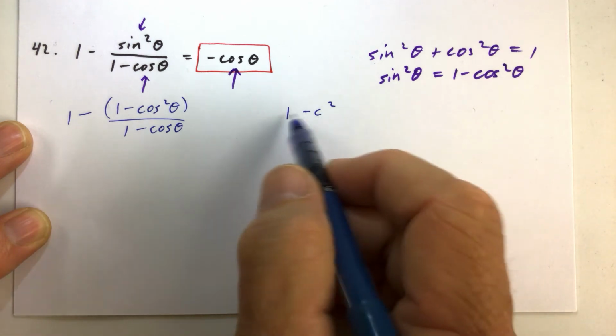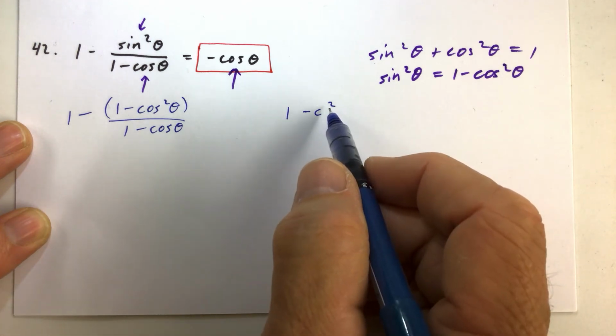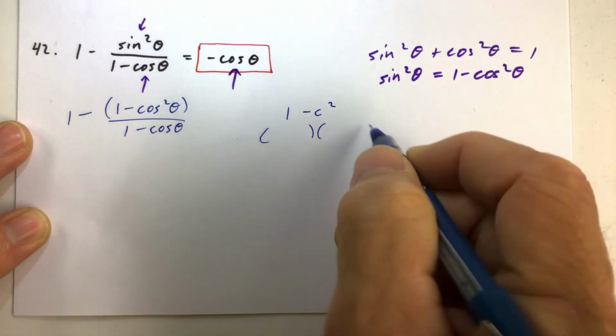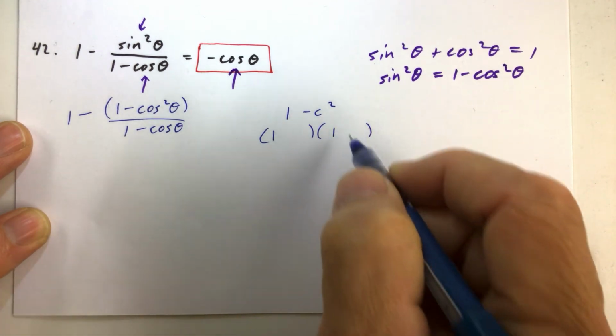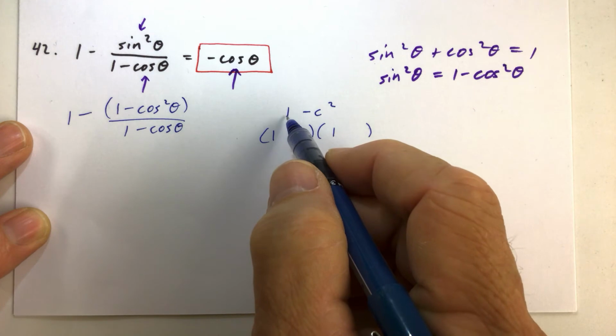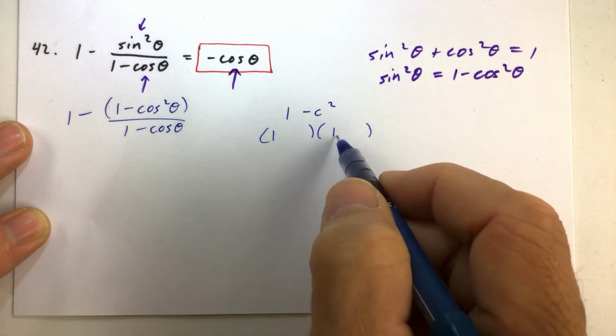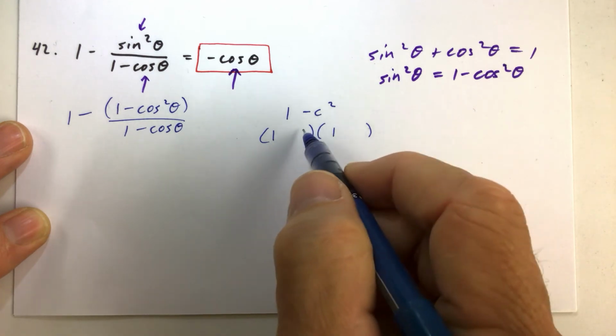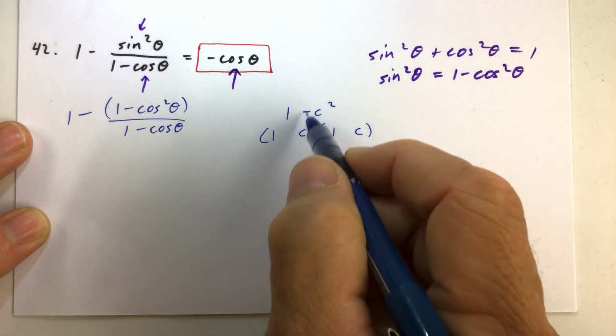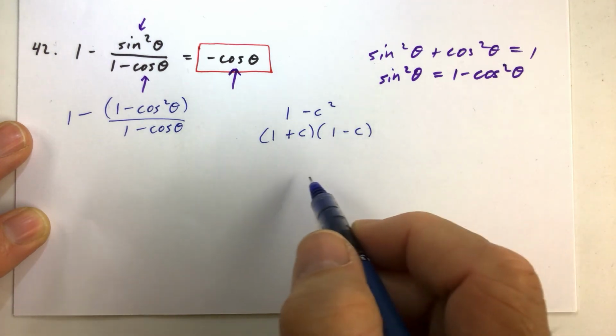Okay, and that right there, 1 minus c squared, that's a difference of squares. And the difference of squares factoring pattern would be that whatever's being squared here first goes first. Whatever's being squared next goes there. And then followed by a plus here and a minus here.